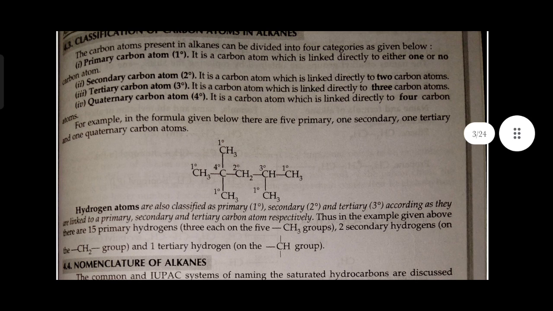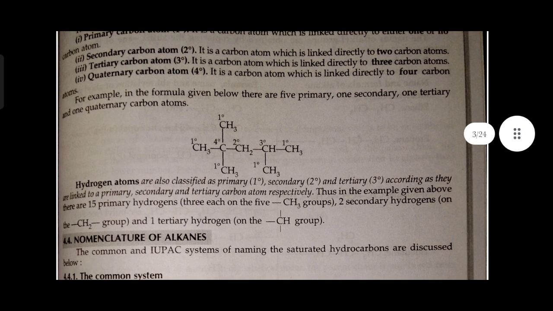For example, in the formula given below, there are 5 primary, 1 secondary, 1 tertiary, and 1 quaternary carbon atom. This structure is of 2,2,4-trimethylpentane.